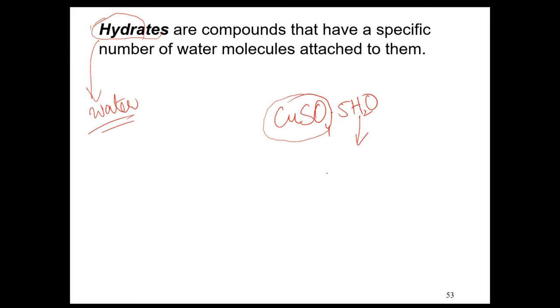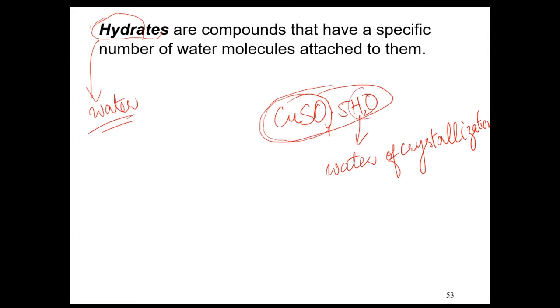Now these water molecules are known as water of crystallization. These are entrapped within the crystals. Now, the whole molecule that contains this water of crystallization is known as a hydrate.